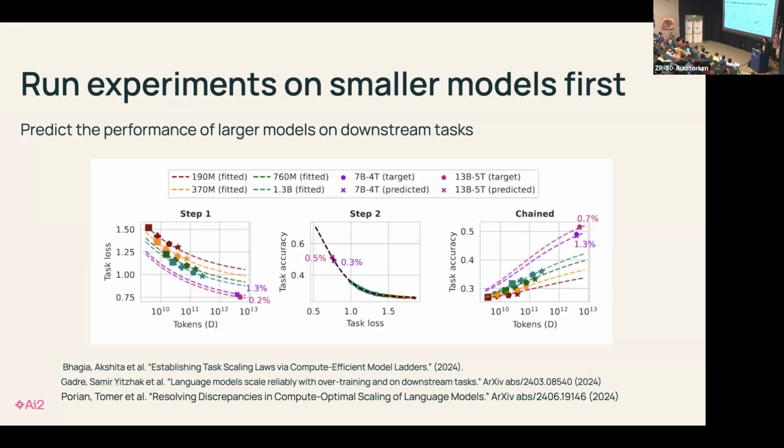I'll show some cases where it breaks later on in some different slides, but if you chain these two things together, you should be able to see curves at the end like this: I include more compute expenditure into my model with my current chosen configurations, and I should anticipate, as I scale the model up, how much downstream performance this translates to. If you're happy with that result, then you can go ahead with your modeling choice. If you're not happy with the result, then you keep iterating at the small model scale.